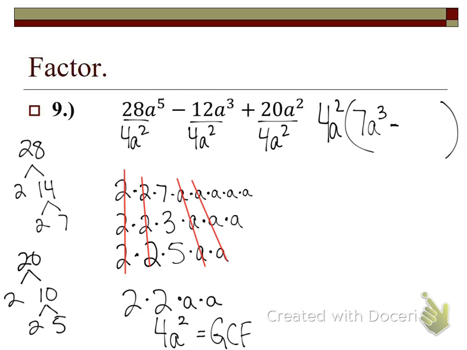There would be a 3a to the first power. So we could just put minus 3a. And then on the last term, plus 5. Any a's? No, they canceled out totally. Okay, this is understandable. Questions, concerns?